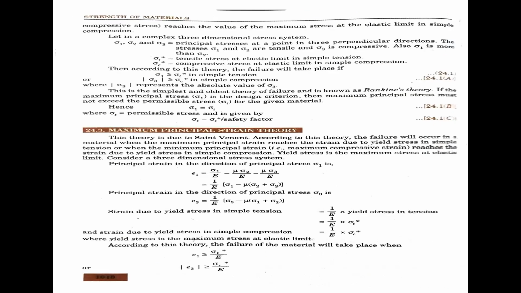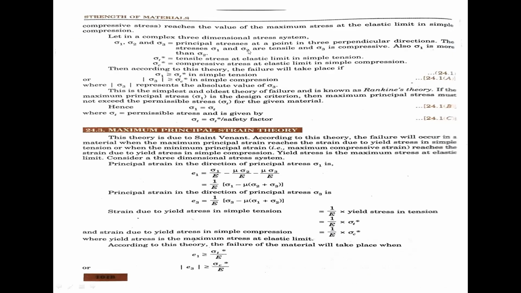Now I will go to the principal stress theory. Take this formula: sigma 1, sigma 2 and sigma 3 are the principal stresses at a point in three perpendicular directions.